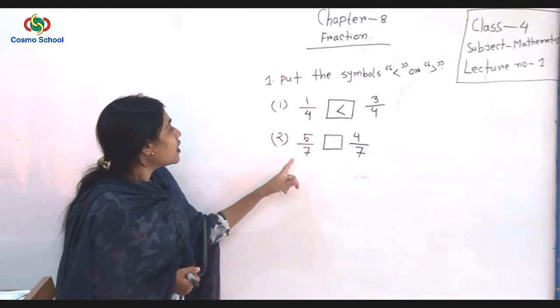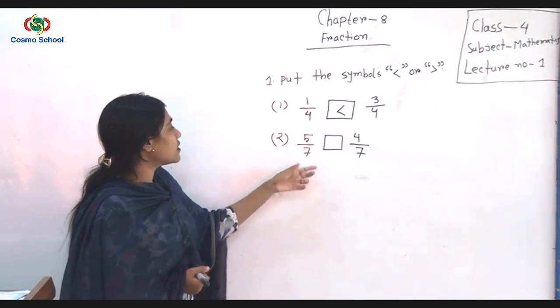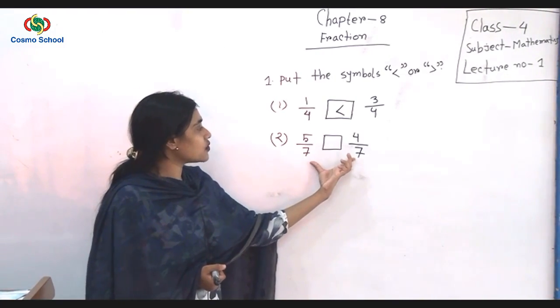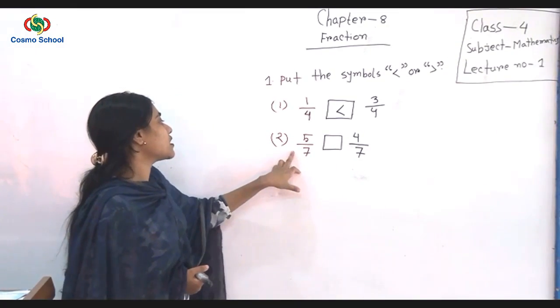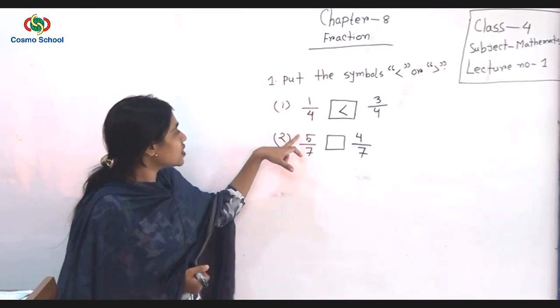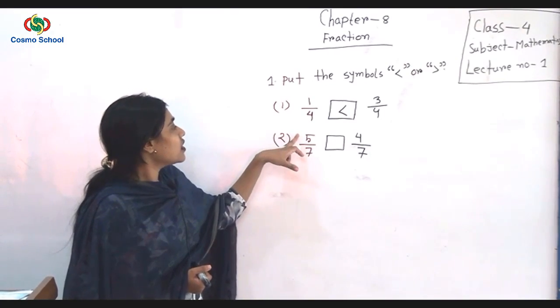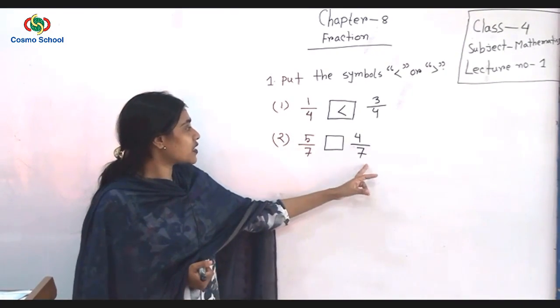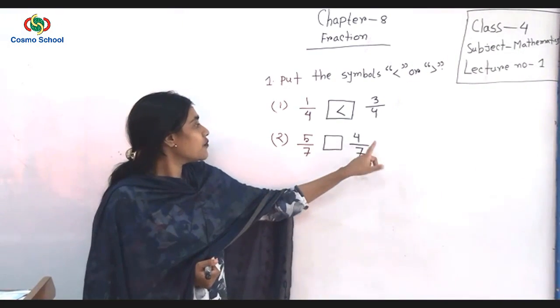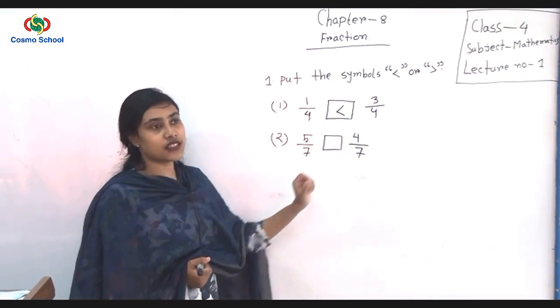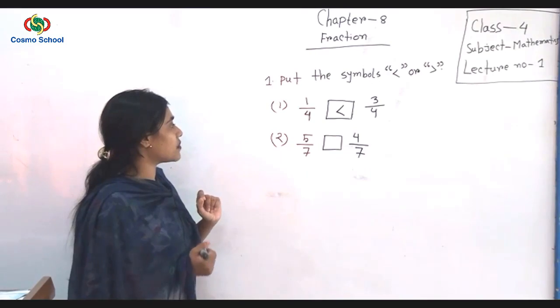In here we can see that denominators are also same, and that is 7. First fraction numerator is 5, which is larger than second fraction, and second fraction we can see 4 is numerator, which is smaller than first fraction.